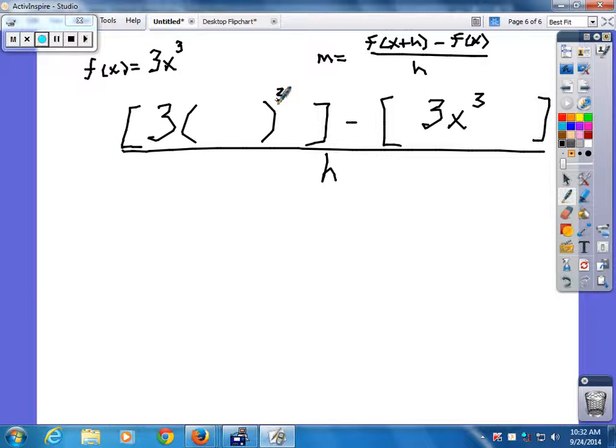And what goes in here? X plus h. X plus h cubed. X plus h cubed is x plus h quantity squared times x plus h. So you need to do your shortcut, and then you have to distribute x plus h.